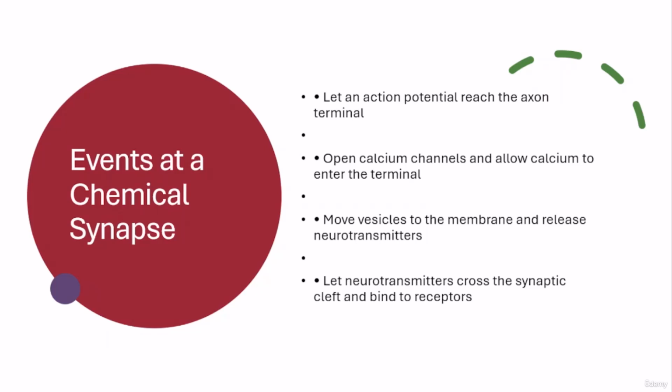And the neurotransmitters cross the tiny gap and bind to receptors on the next cell. And this binding tells the next cell whether it should activate, inhibit, or adjust its response.